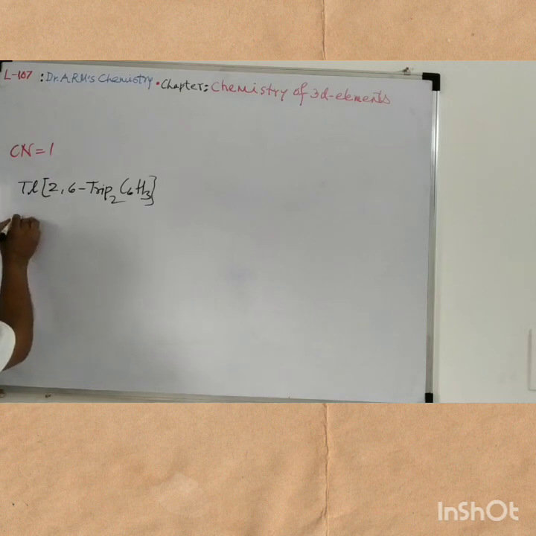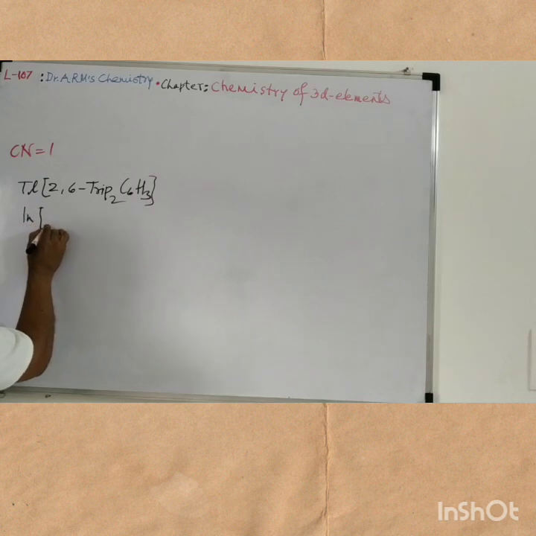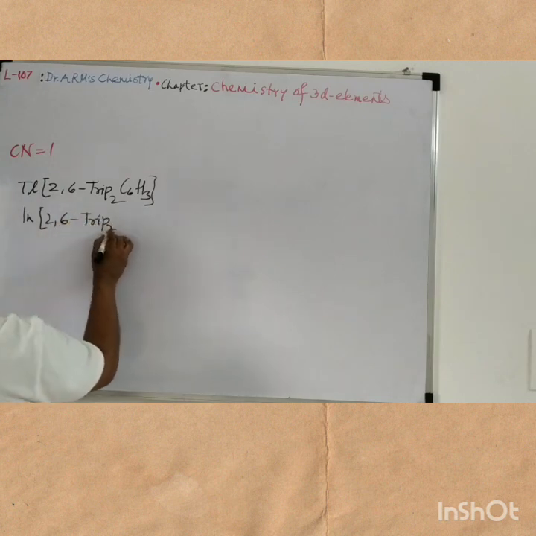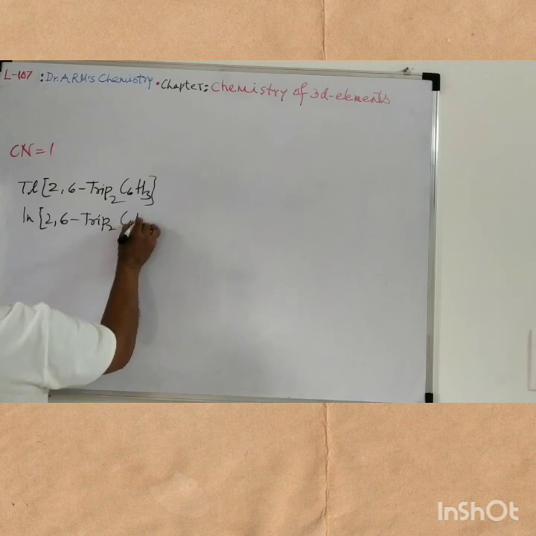Another example is iron, the same 2,4,6-tri, twice C6H3.